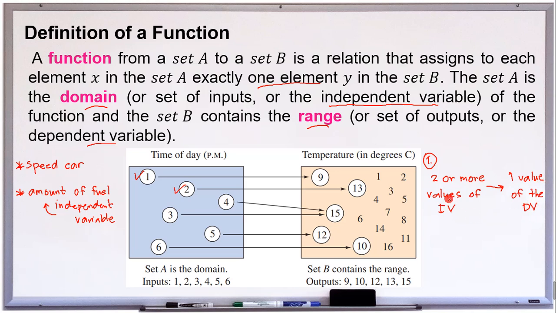Take for example, at 4 p.m. the temperature is 15 degrees Celsius. The same with at 3 p.m. This is true in the actual scenario. Therefore, if we have two values of our domain that correspond to one value for our range, we can call this a function.